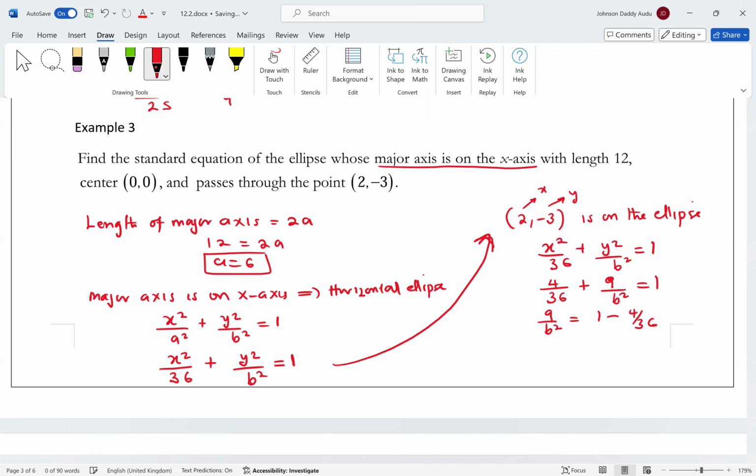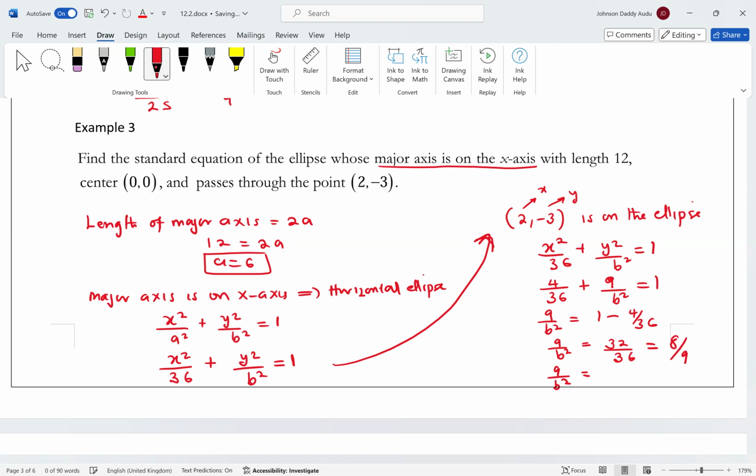Okay, and this 9 over b squared equals what? This is going to be 32 over 36, because you have 36 minus 4. Here we can always simplify it by 4, so this is the same as 8 over 9.